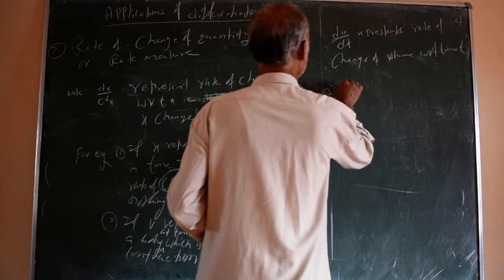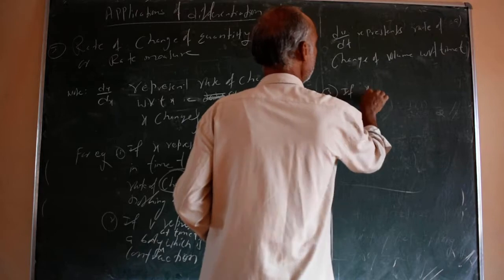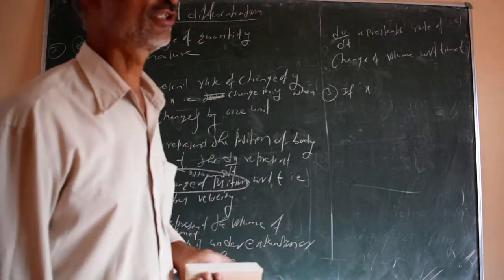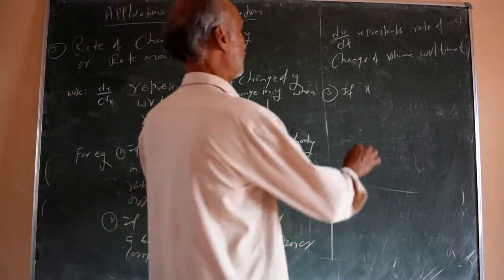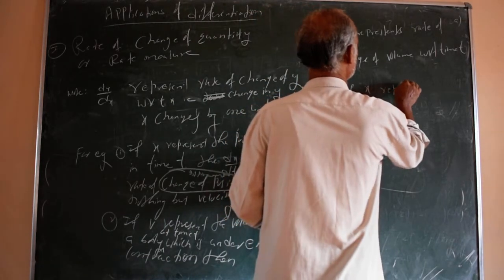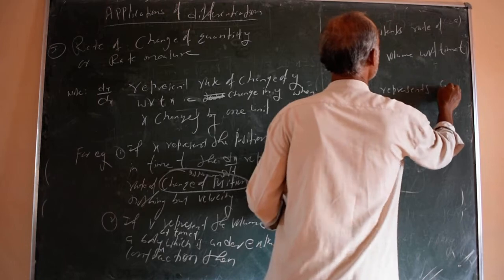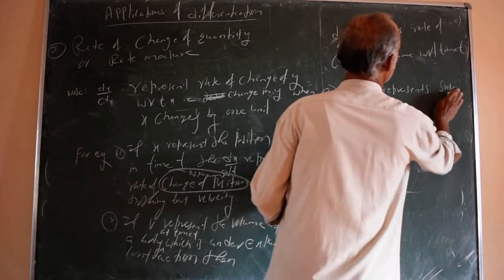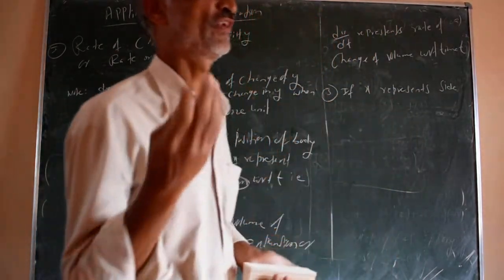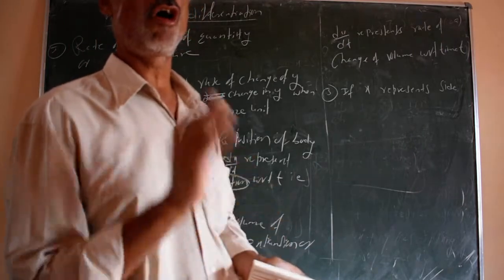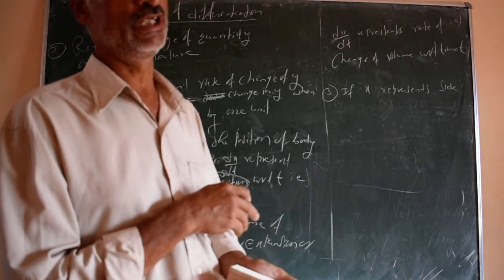Third example. If x represents the side of a square. Let's say it may be the side of a square, or side of a rectangle, or side of a cube, anything it is.